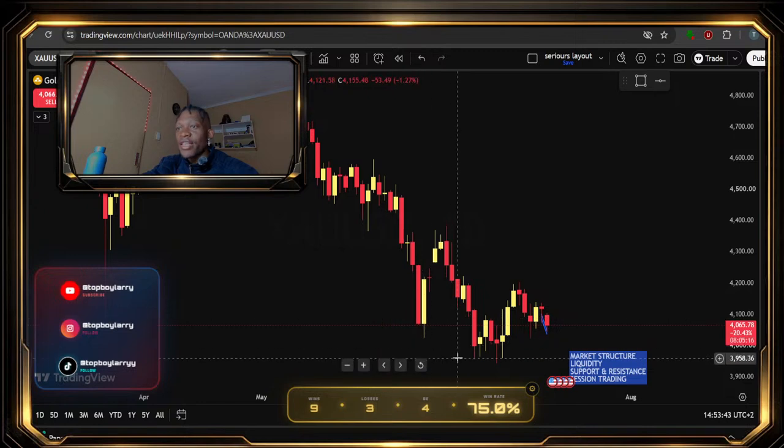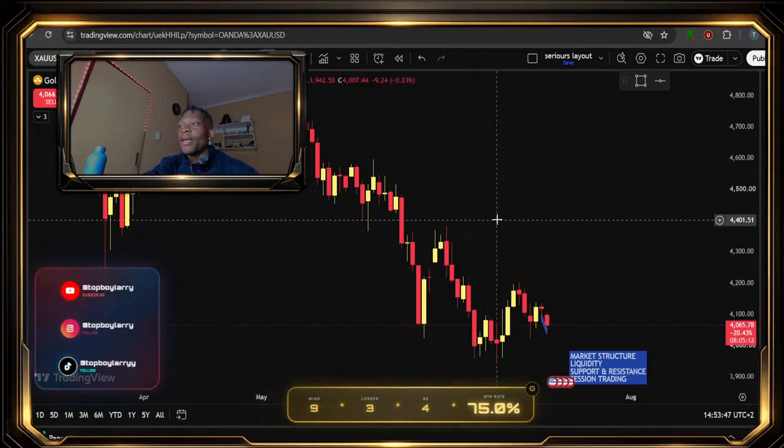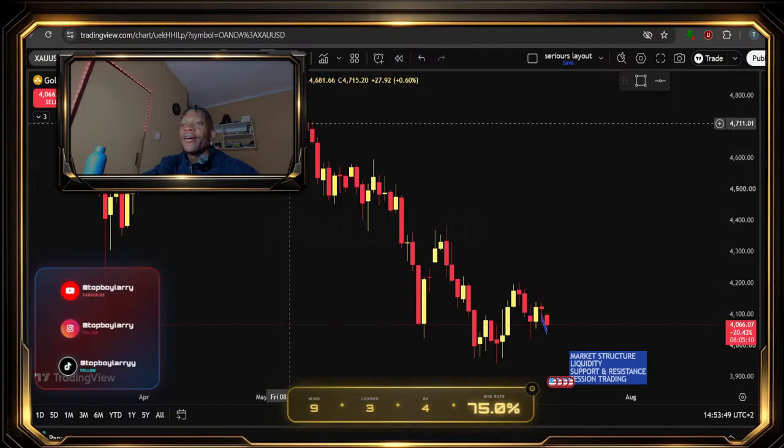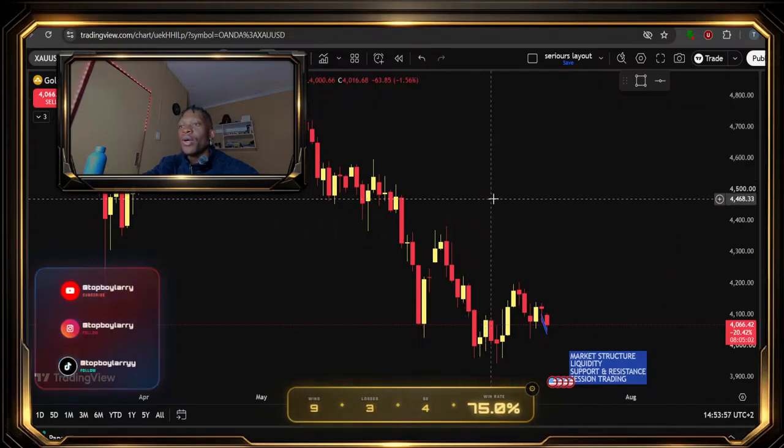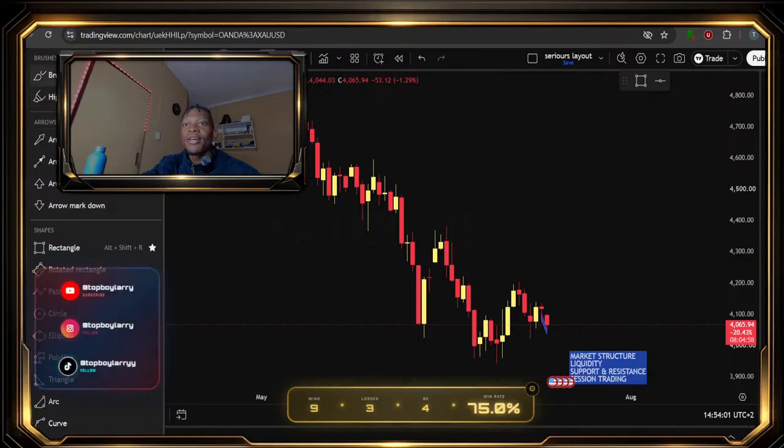Based on structure, what I'm seeing here is that price is bearish. Why? We are creating lower highs and lower lows. You guys need to understand that lower high, lower low. I'm just going to draw up a plan for you.